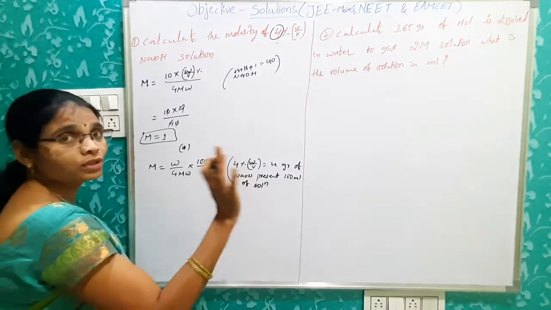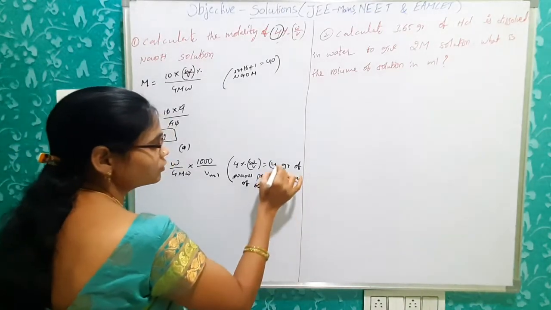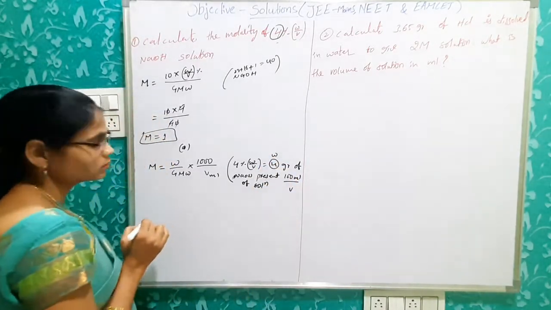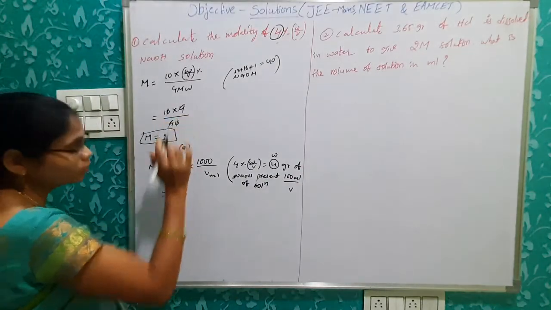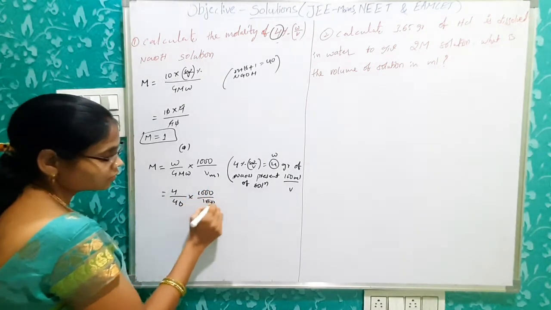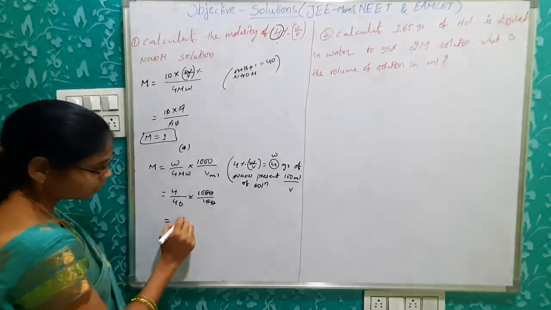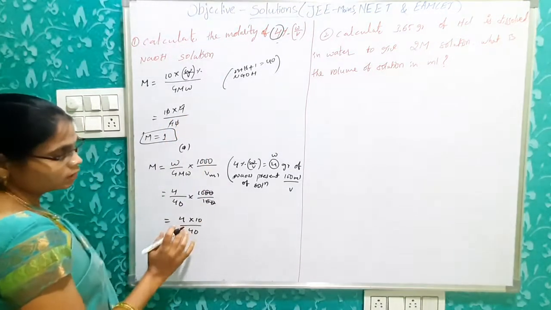So V is taken as 100 ml and W as 4 grams. Simply 4 by the gram molecular weight 40 into 1000 by 100. So you get 4 into 10 by 40, same.